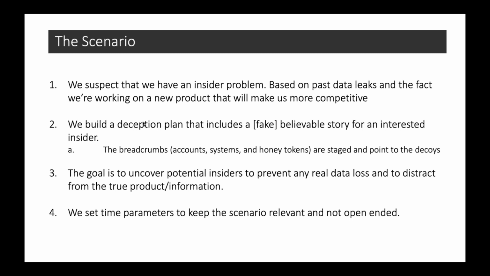A breadcrumb is typically an account. It could be a honey token. It could be an IP address or a connection file, for example. We've staged those, and ultimately those point to the decoys that we're going to talk about in the next slide. But the goal really is to uncover potential insiders.